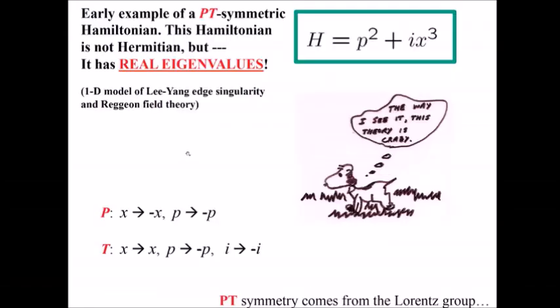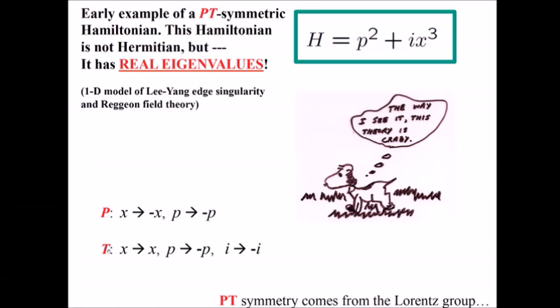Okay, so let me give you an early example of a PT symmetric Hamiltonian. This is it. This Hamiltonian is obviously not Hermitian, but it is PT symmetric. Why is that? Because if you do a space reflection, x turns into minus x, and p turns into minus p.